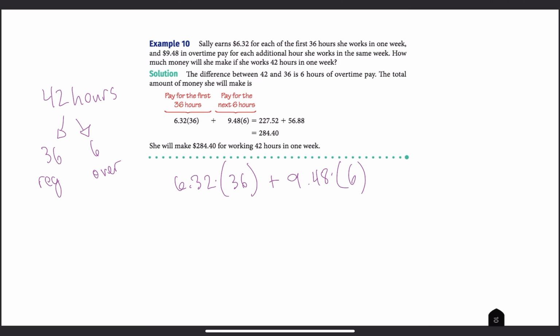So when we do this math, we find out that 6.32 times 36 is $227.52 in this case. And the overtime, $9.48 times 6 hours, is $56.88. And when we add that together, we get $284.40 for her 42 hours.